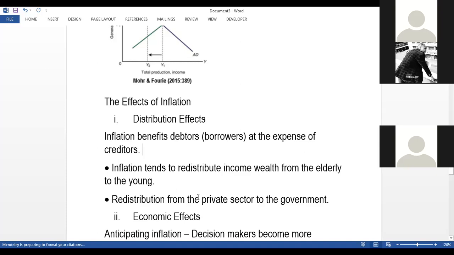Then we have redistribution of resources from the private sector to the government. This occurs in a way in which the government itself is the one that collects revenues from the private sector. These revenues that they collect would result in the redistribution of wealth from the private sector to the government.